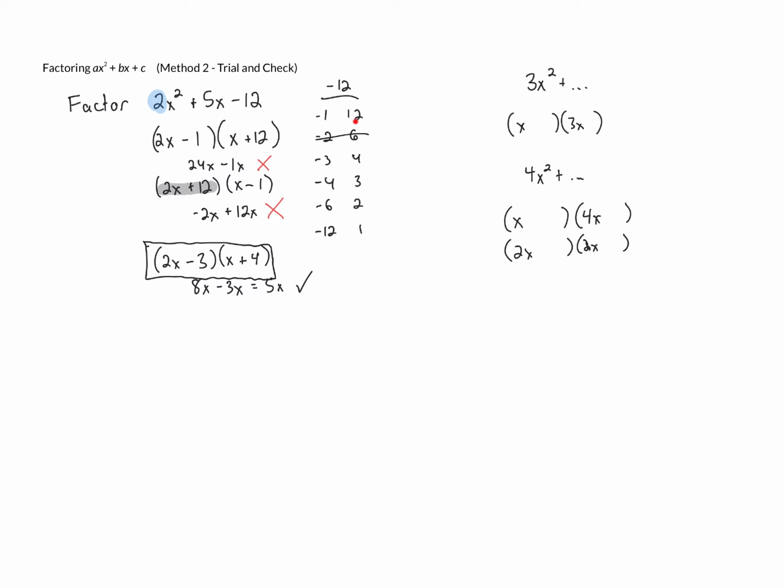Because if we look at this 12 and negative 1, the two ones that we did, we ended up with a 23x, which is pretty big, and then a 10x, which is also fairly big compared to 5. So in general, when the coefficient in the middle is large compared to those other two coefficients, we generally are going to want to go with the factors that have a larger number. And if it's not that big, we often want to go with the factors that are closer together and a little bit smaller.